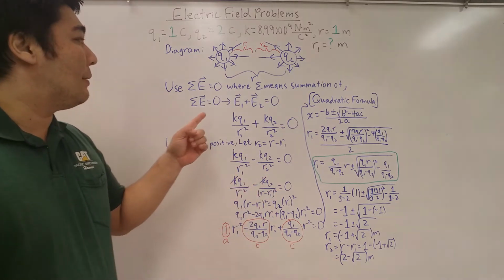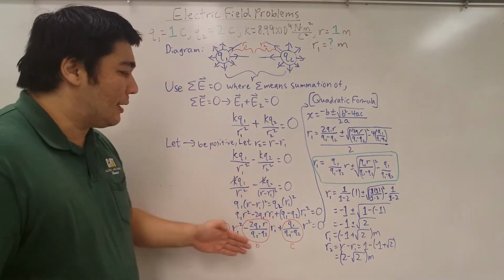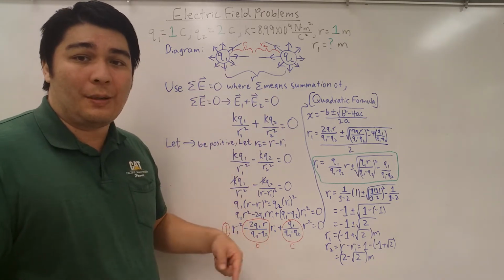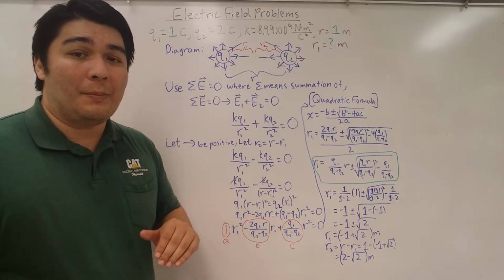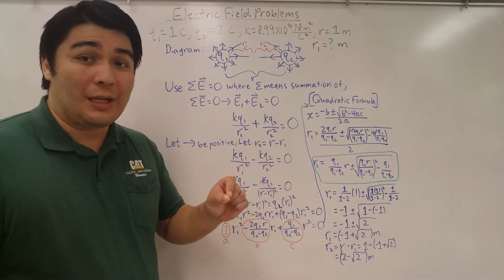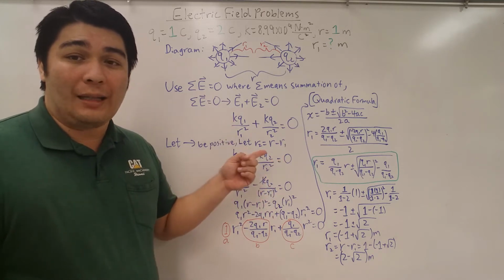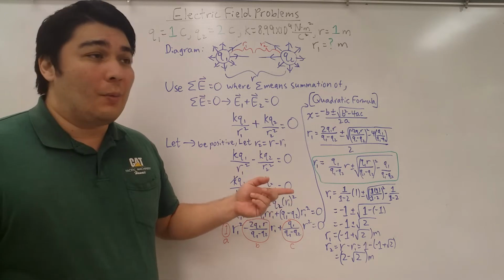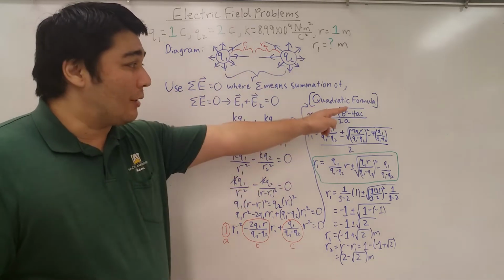In this case, this problem looks a little bit more in depth, and the reason is that I'm going to solve this problem generally first, and then at the end I'm going to plug in all of the values. This will be a series of videos where first I'll solve this problem using the quadratic formula.